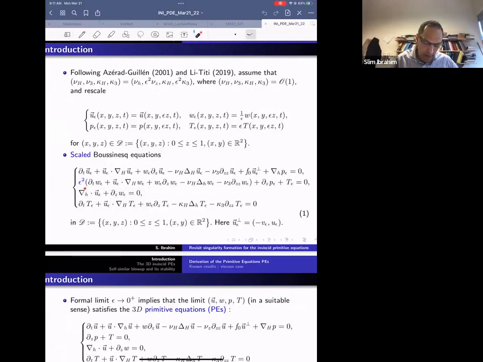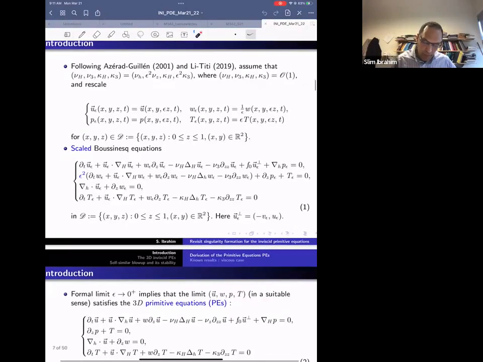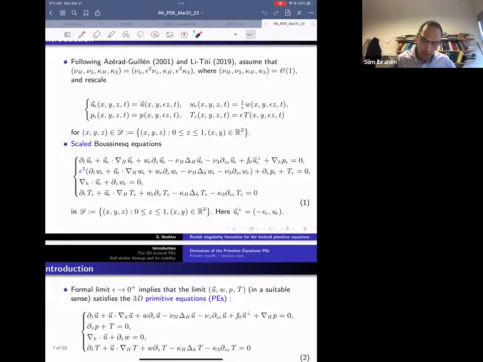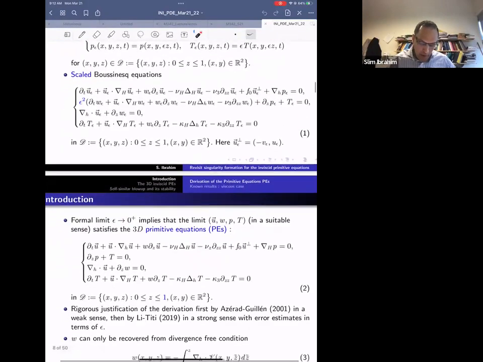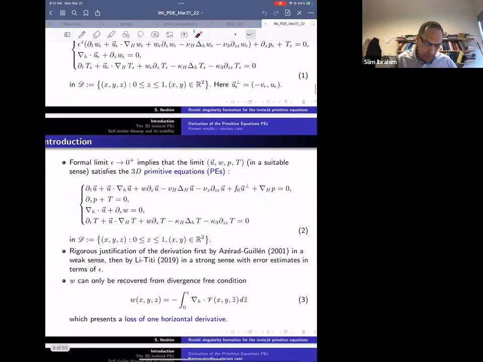So this is a formal computation, and it suggests that at the limit, the vertical gradient of the pressure should be balanced by the temperature. This is known as the hydrostatic balance. So this is the formal limit.